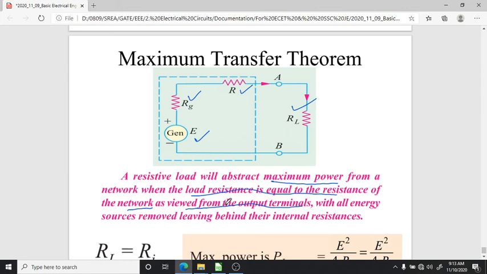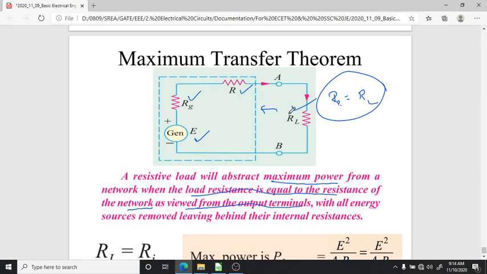Load resistance is equal to the effective resistance of the network, with all energy sources removed, leaving behind their internal resistances. Suppose you open the A and B load terminals and calculate the effective resistance; if that effective resistance is equal to the load resistance, then the maximum power will pass from input to output.